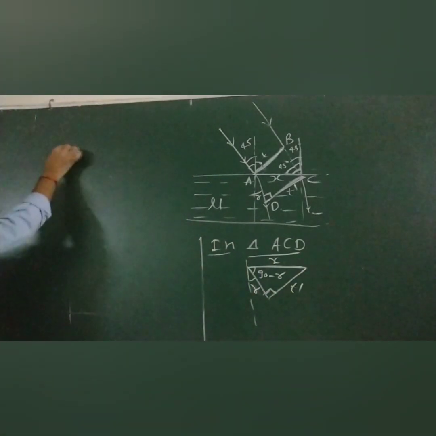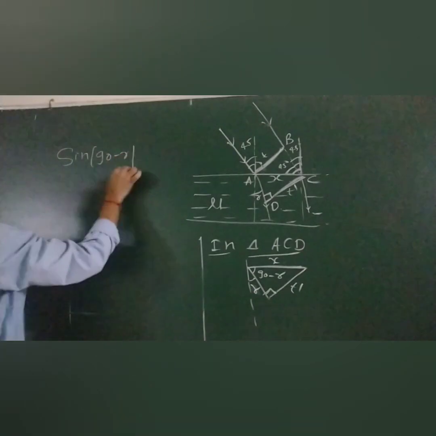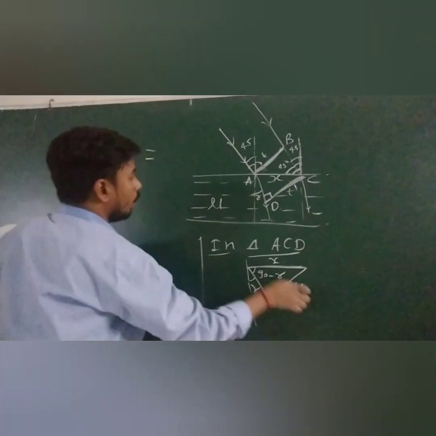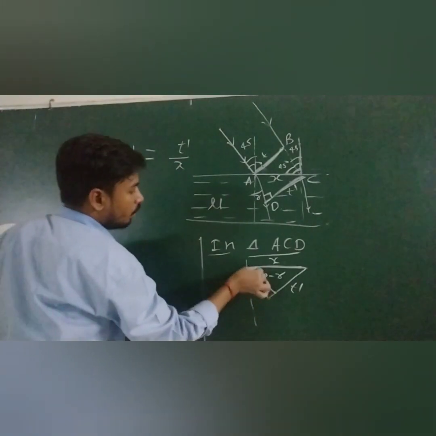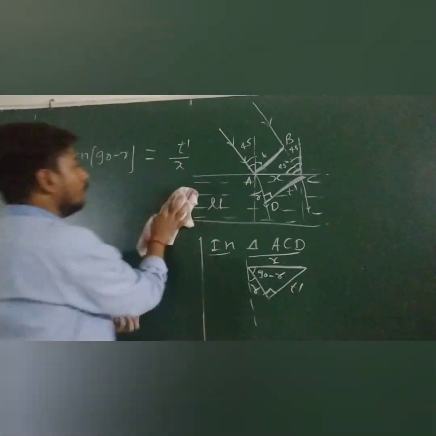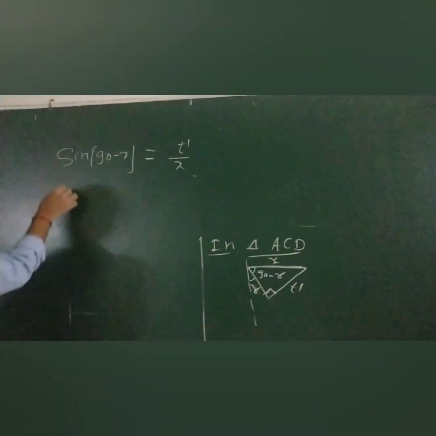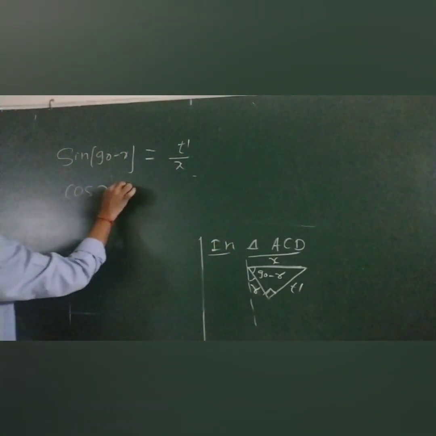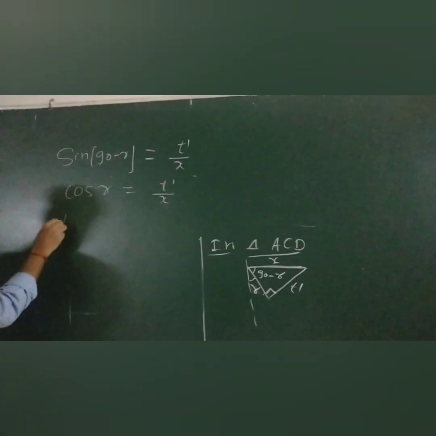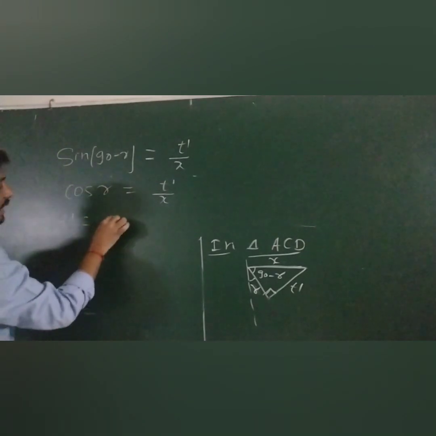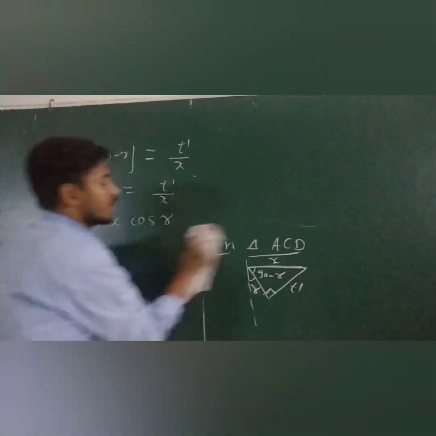So sine of 90 minus R is equal to perpendicular T dash by hypotenuse X. So cos R is equal to T dash by X. So basically T dash is equal to X into cos R. Now, what is X?